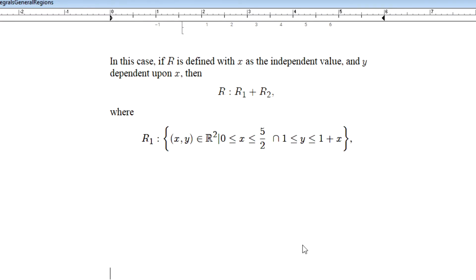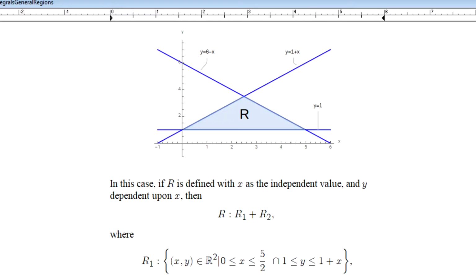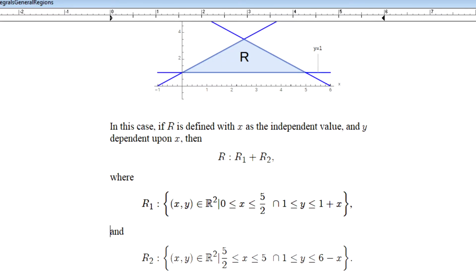As for region 2, we're going to see it's the region of space where x is bounded on the lower end by the value of 5 halves. Let's see if I can get the picture here at the same time. Yep. Where x is going to be bounded on the lower end here at 5 halves and on the upper end at 5. Right?